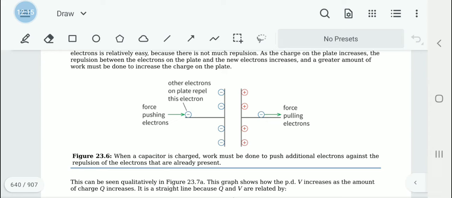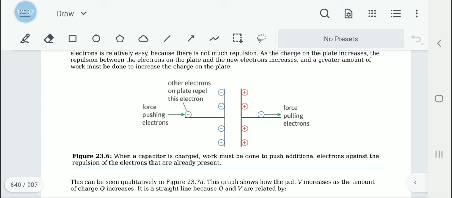When charging the capacitor, initially only a little amount of work needs to be done because the repulsion of the electrons is lesser.